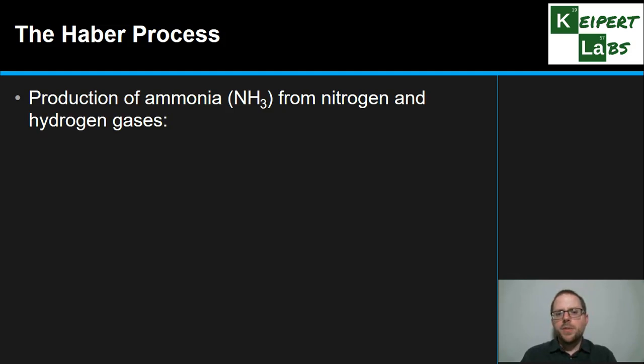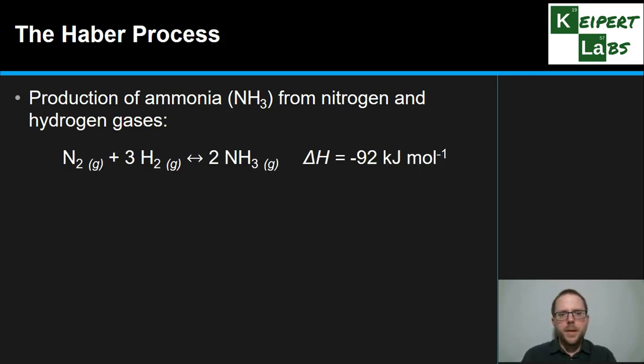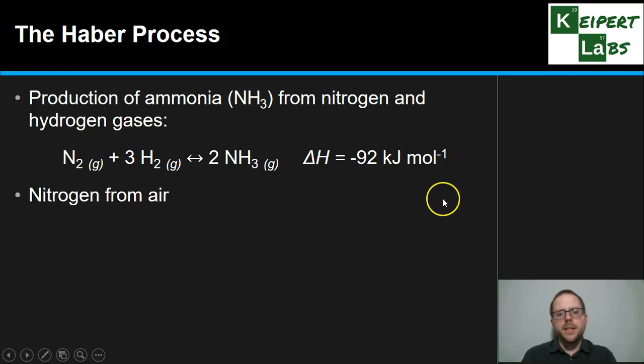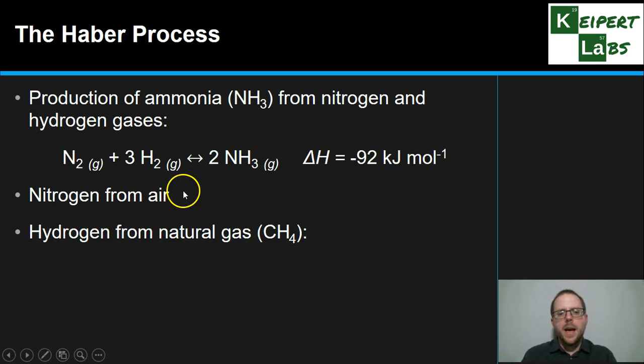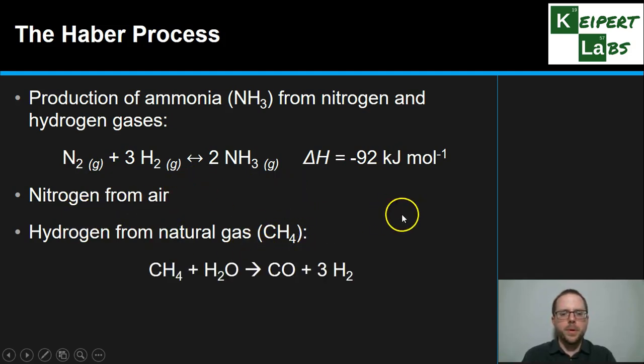So firstly, what is the Haber process? The production of ammonia from nitrogen and hydrogen gases. Hopefully you're really familiar with this by now. And so we have an equilibrium reaction. It is exothermic with minus 92 kilojoules per mole. We access the nitrogen that we need from the air, and we get the hydrogen from the transformation of natural gas in the steam reforming process.